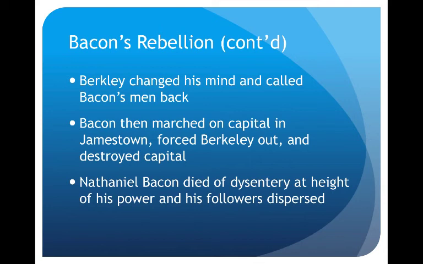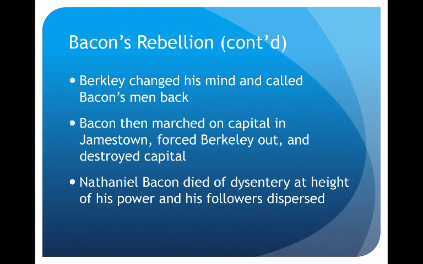Where is this going? It ultimately fails because Nathaniel Bacon, at the height of his power, dies of dysentery suddenly. And with him dead, his movement fizzles out. Berkeley is able to regain control. He captures many of Bacon's followers and has over 20 of them hanged for their role in this.